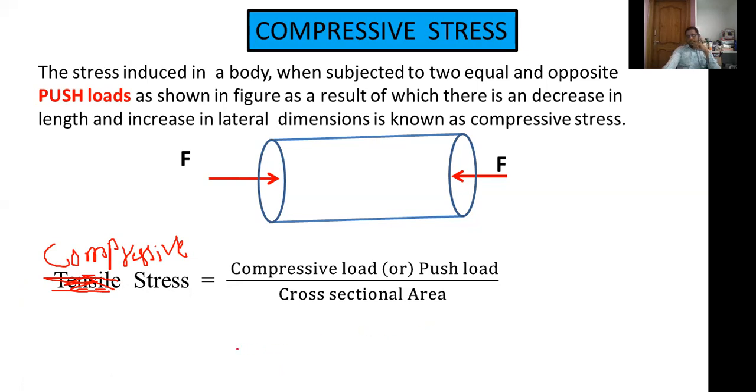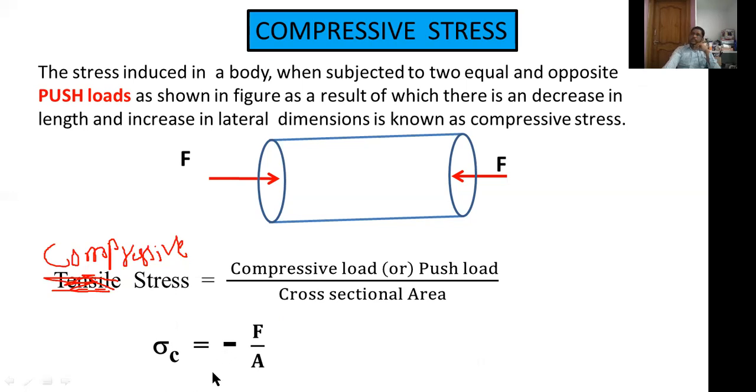Here the units are the same for stress. Sigma indicates stress and C indicates compression. So compressive stress is equal to minus F by A, minus load by area. Here the negative sign indicates compressive loads.